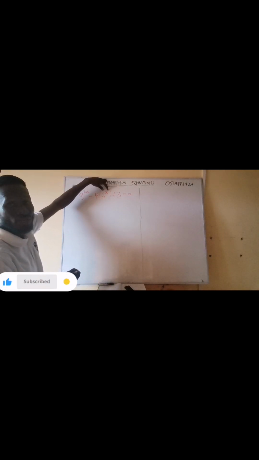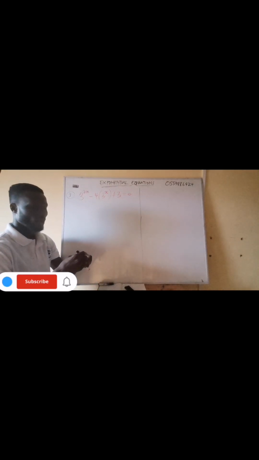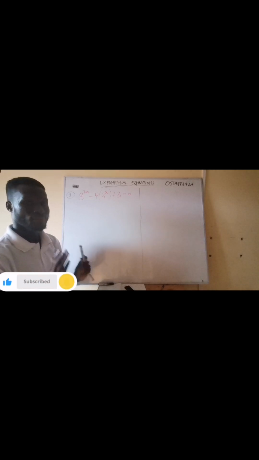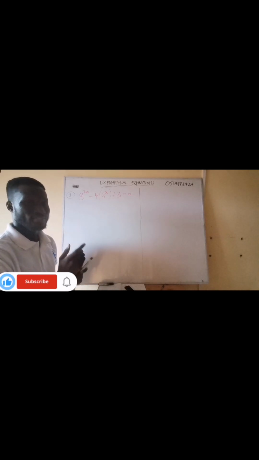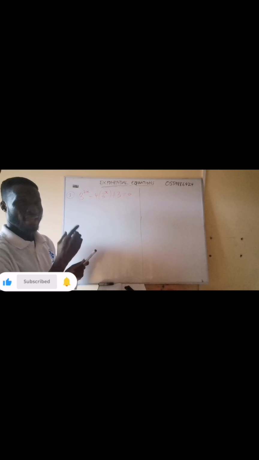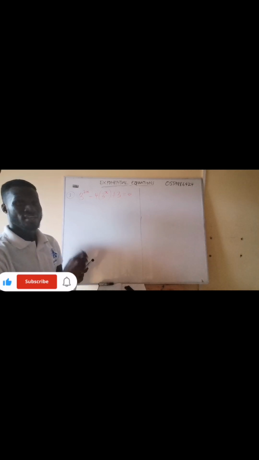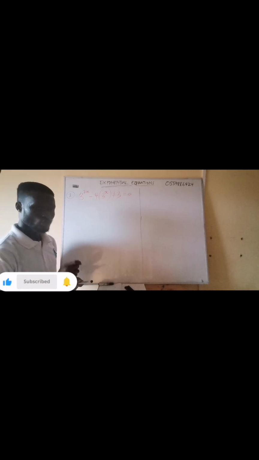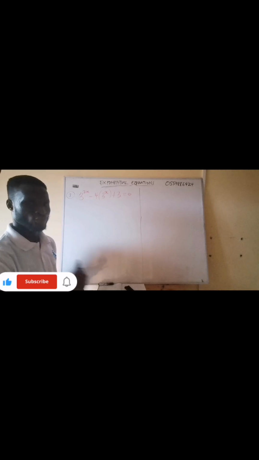Now, I want to get a similar one as the 3 exponent x. So what we have to do is to solve this using the substitution method. We look at the variable and then the exponent. Any number that is repeated in this one is a variable. We do substitution for that particular variable, then we solve.